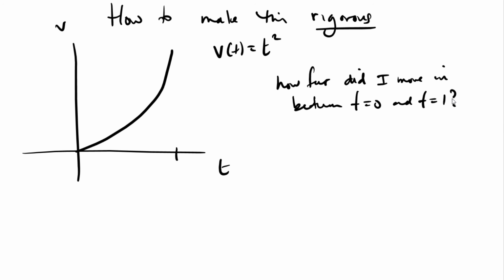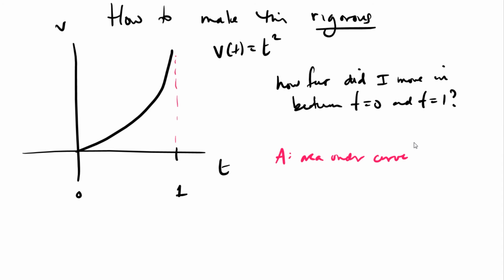So in the hour between 0 and 1, how far did the object that has this velocity curve get from the origin? And the answer is, like before, I mean, the easy answer is, oh, it's just the area under the curve. But the velocity is not constant, so we have to pretend that it's constant.